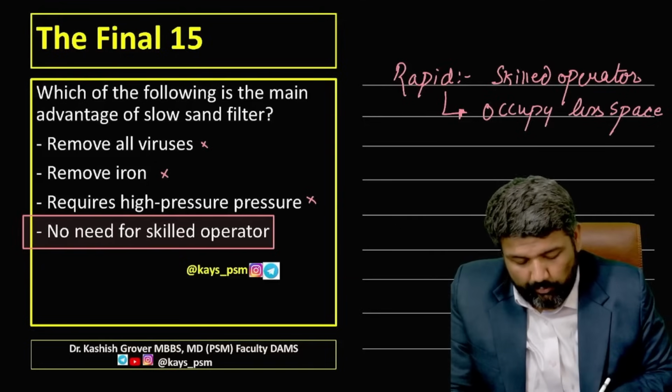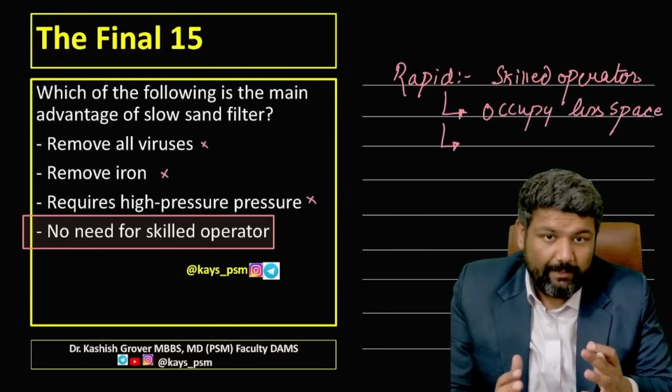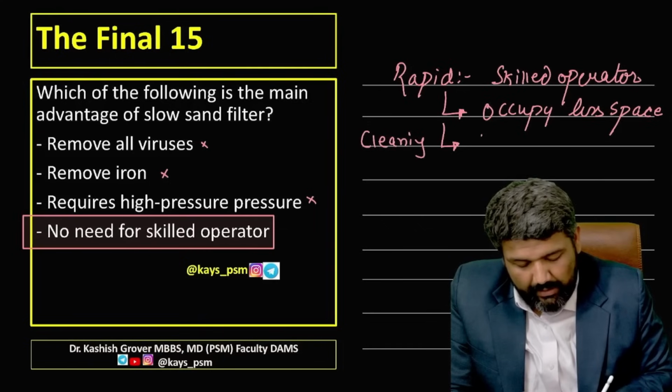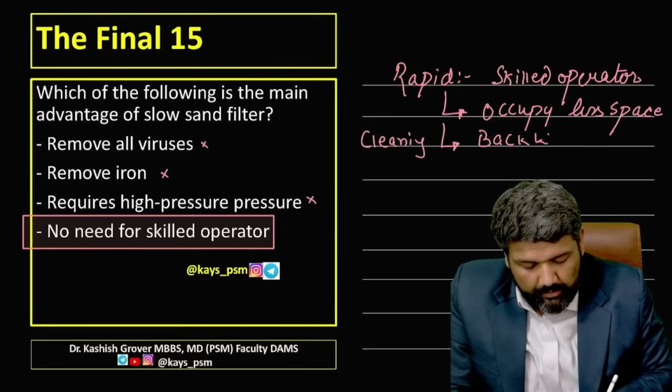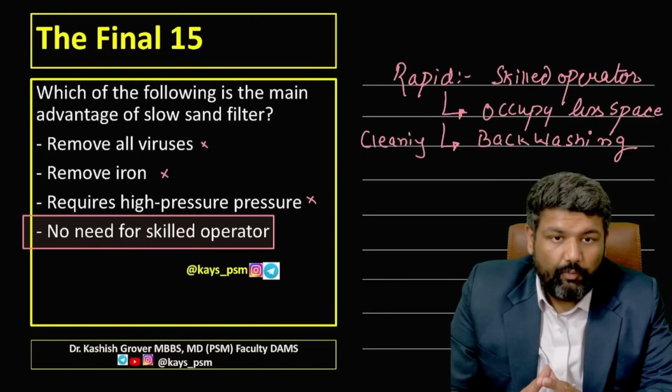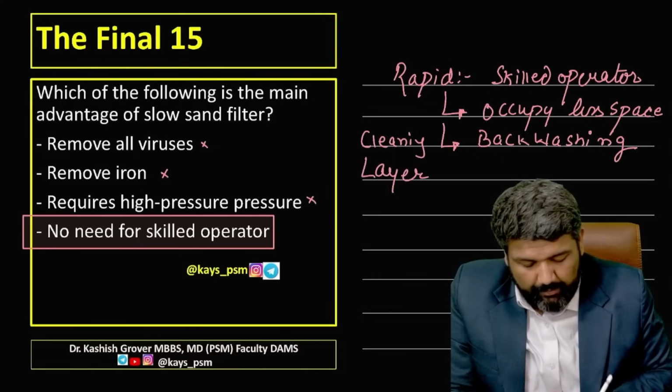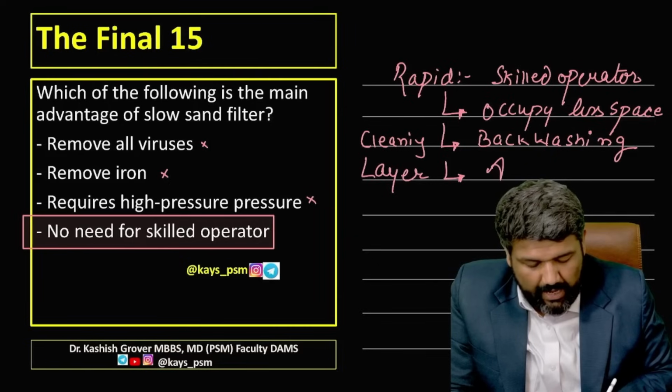Also, I want to talk about the cleaning. The cleaning of rapid sand filter is done by backwashing, and there is a layer over the rapid sand filter. It is alum flock.